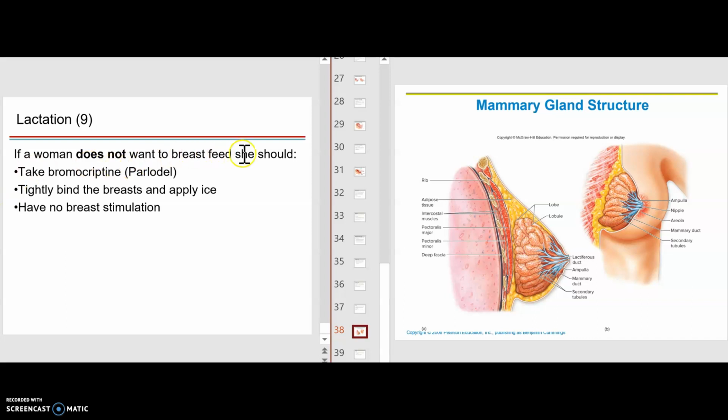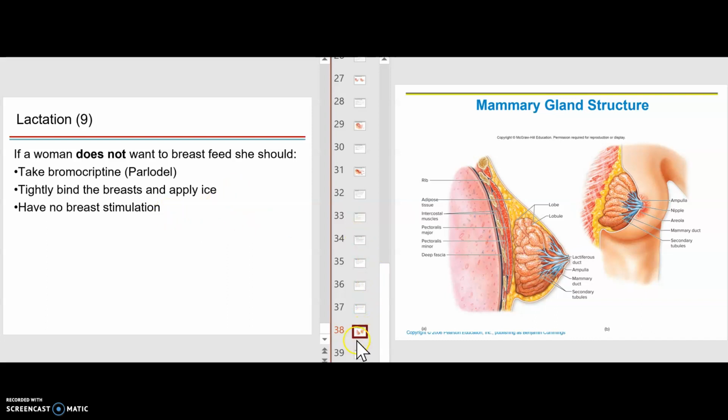If a woman does not want to breastfeed, she could take Parlodel, bromocriptine. She could tightly bind the breast because stimulation of the breast will cause milk production even with this drug. So tightly bind and apply ice, that's the usual, and have no breast stimulation.